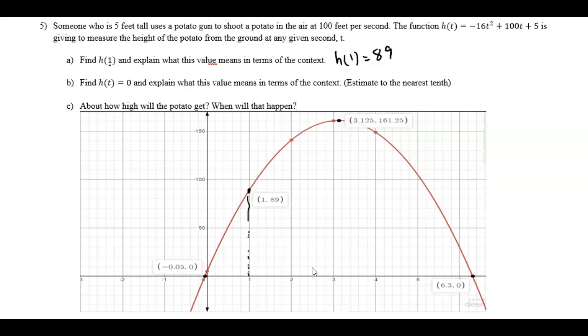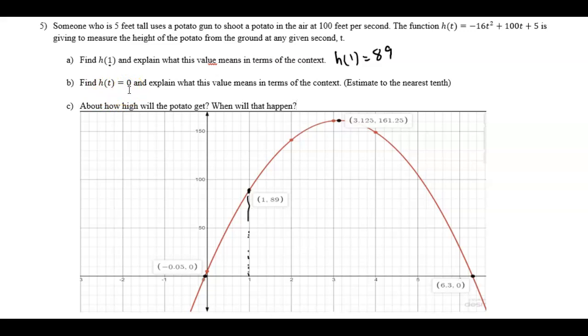Here's the difference between part A and part B. In part A, they give us the time, 1 second, and we find the height based on that time. But in part B, we find the time based on the height. They're telling us the height of the potato is 0. It's pretty much still on the ground. So at what time would that potato be at 0 feet from the ground?